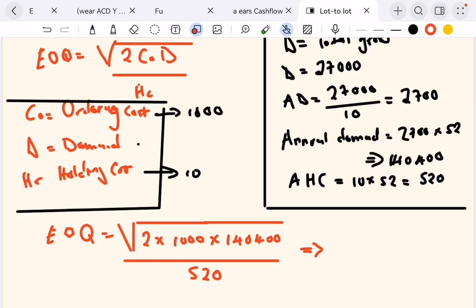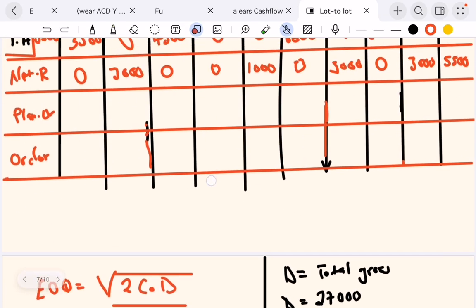It's giving me 734.8. So this 734.8, that's what we're going to put on the planned order.